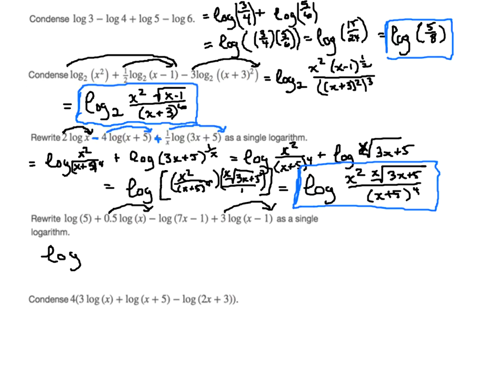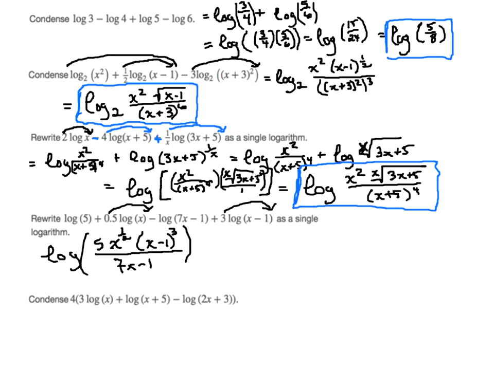Okay, so log of, in my numerator, I've got 5 times x to the 0.5, the 1/2 power, times x minus 1 cubed, all being divided by 7x minus 1.